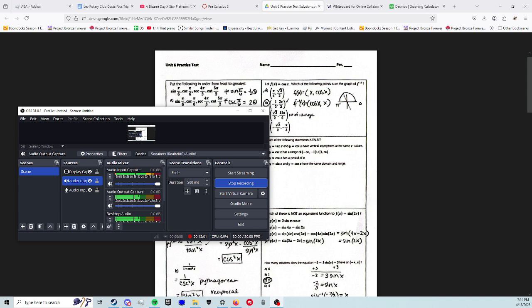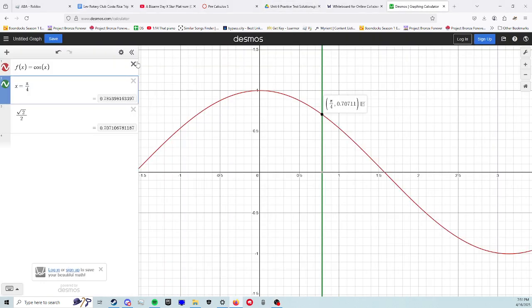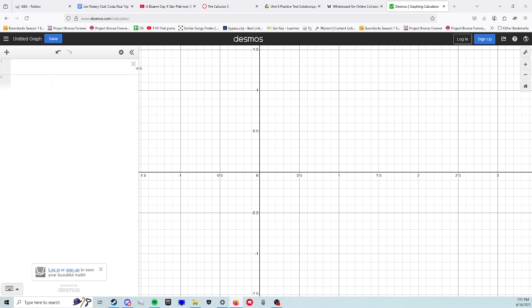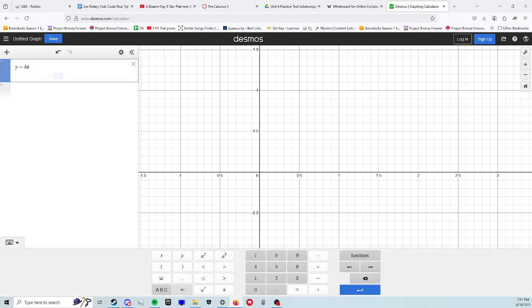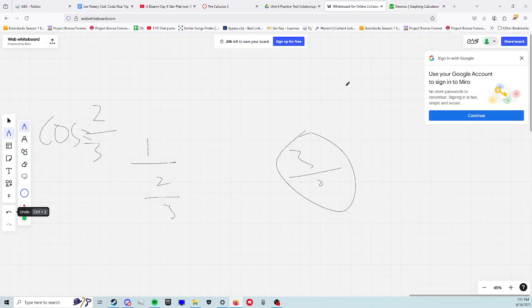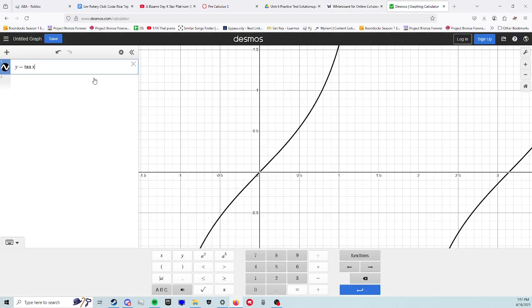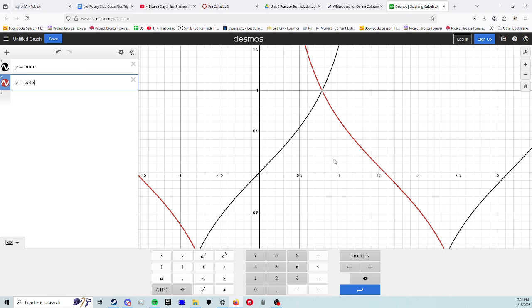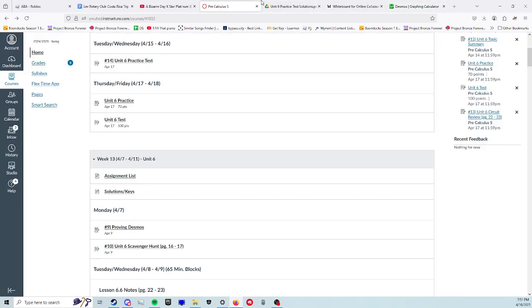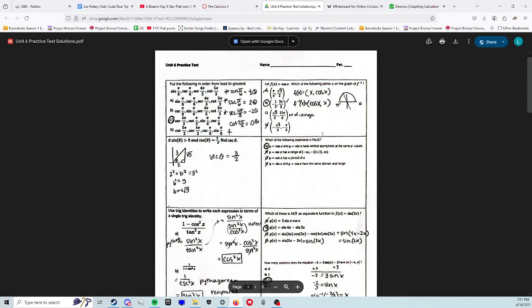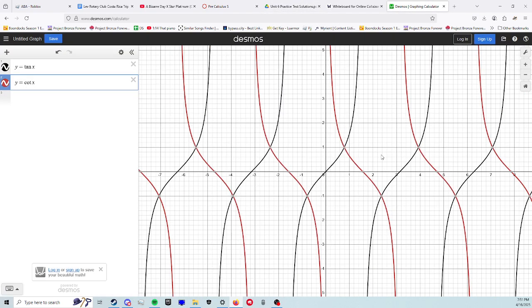So we'll start from A. Y equals tangent x and y equals cotangent x. They're asking, do they have vertical asymptotes at the same x values?